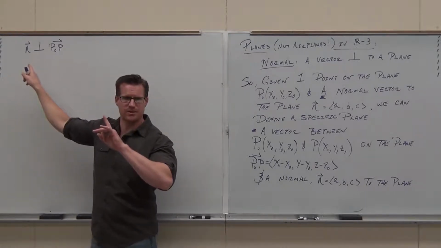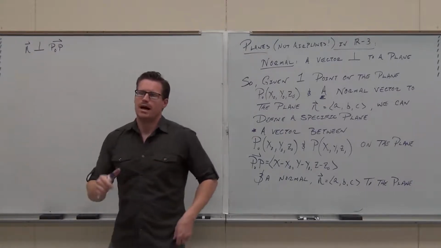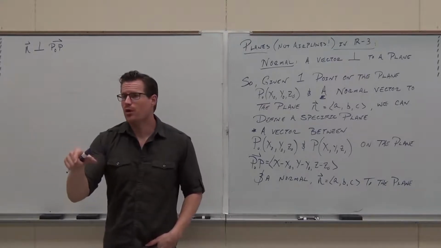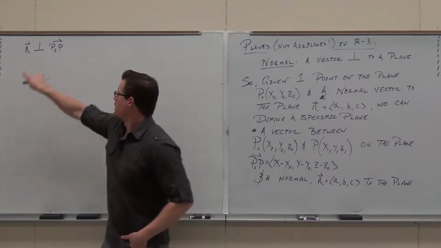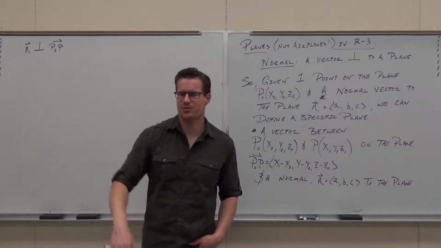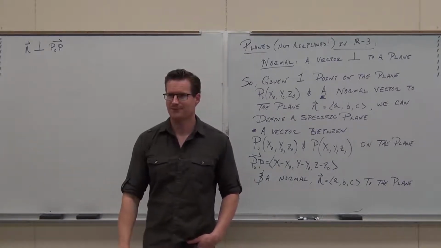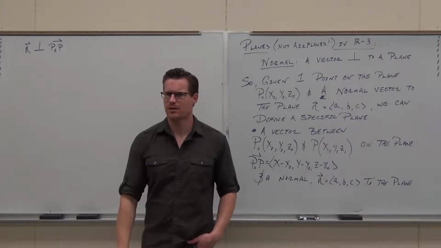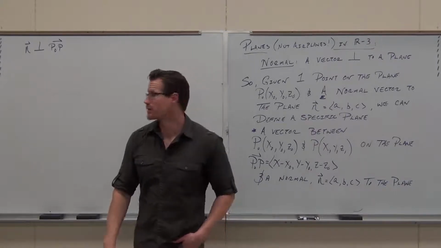And now that you're actually with me, I can write that down. What do you know about two vectors that are perpendicular? How do you test for perpendicular vectors? The dot product.